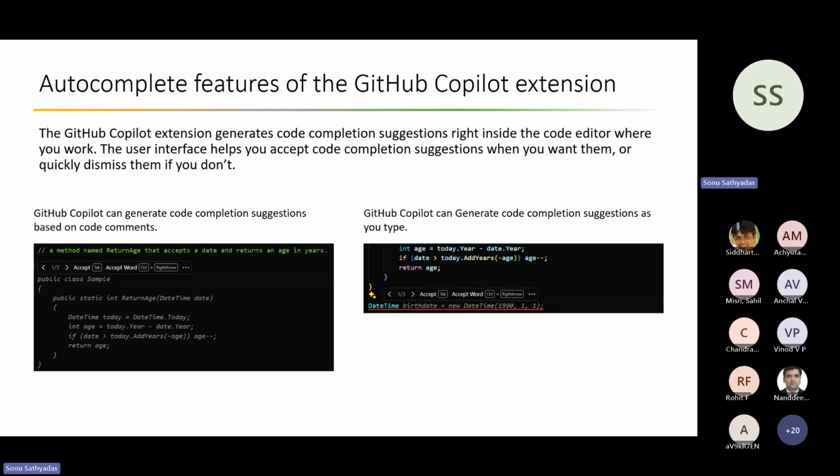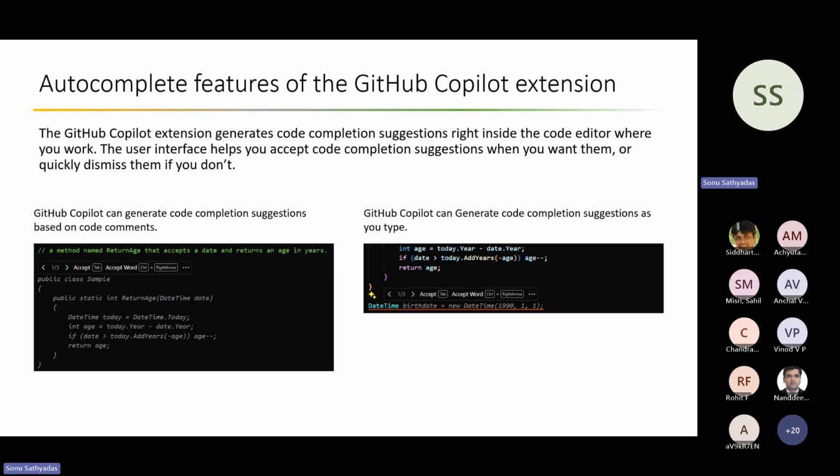If you're creating APIs in .NET or Java classes, you just need to write the first line of your function. From the function name, return type, and arguments, it is able to identify what you are going to do, and it will automatically suggest the code for you. So that is one of the most commonly used features in GitHub Copilot.